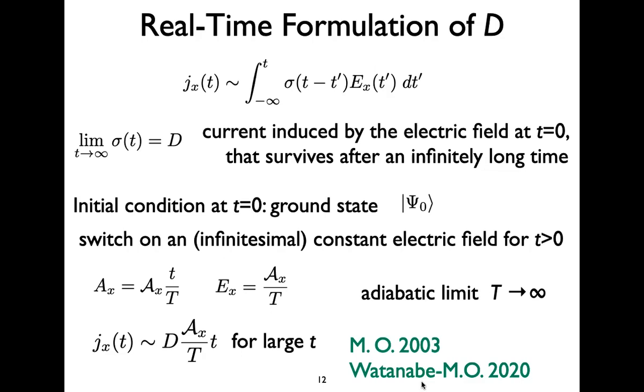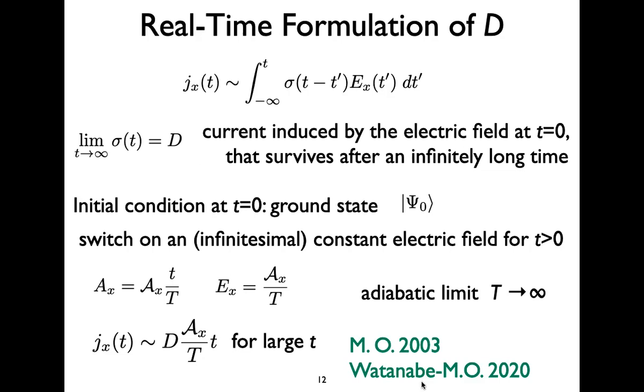But generally, the effect of the electric field can accumulate, and the electric field applied at time t prime can affect the current at time t, as long as t is bigger than t prime. That is, there is a causality. The electric field applied at a particular time t prime cannot affect the current in the past, but it can affect the current in the future.